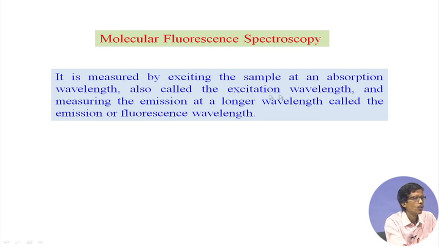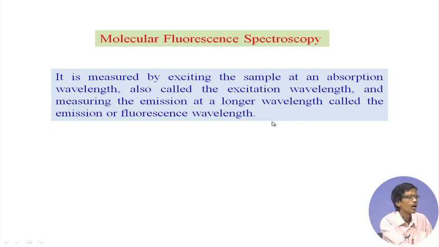We should also know very precisely the corresponding excitation wavelength, because we can measure the excitation wavelength at the same time, and when it comes down to the ground state, we will be measuring the corresponding emission at longer wavelength.